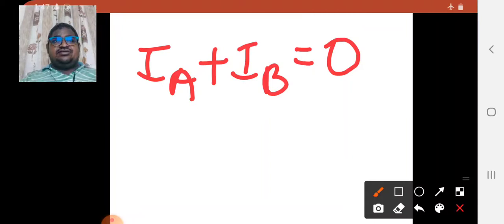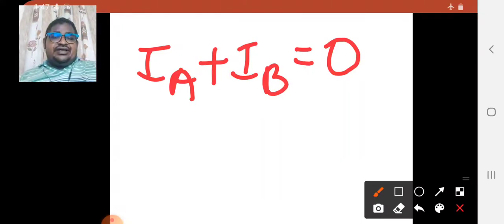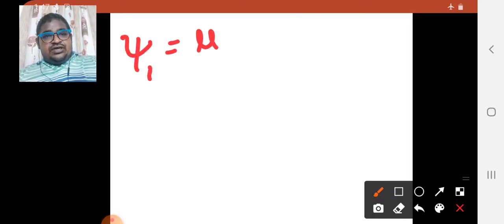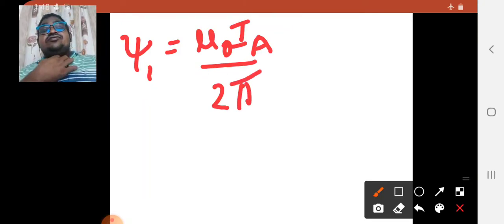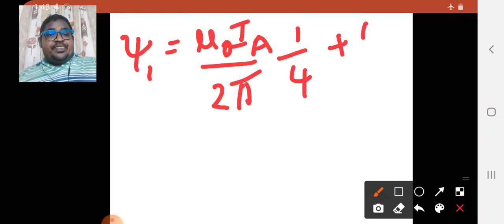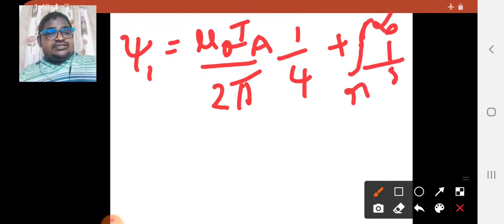As in the earlier case, there will be flux linkages with conductor A due to its own current IA, and also due to the mutual effect of the current IB in conductor B. The flux linkage of conductor A due to its own current IA, as already discussed, is psi 1 equal to mu naught IA by 2 pi into 1 by 4 plus integral r to infinity 1 by x dx.